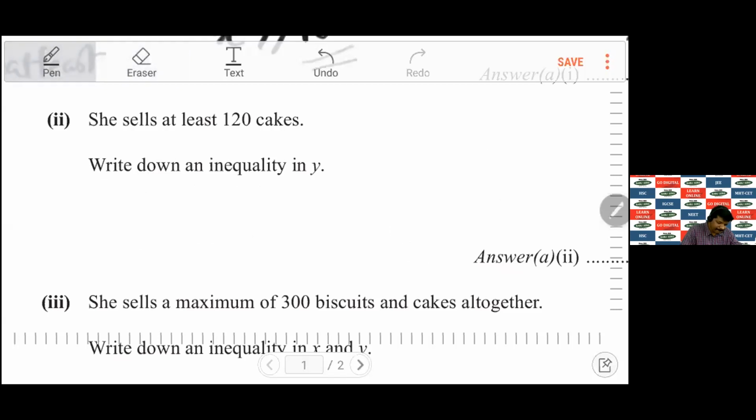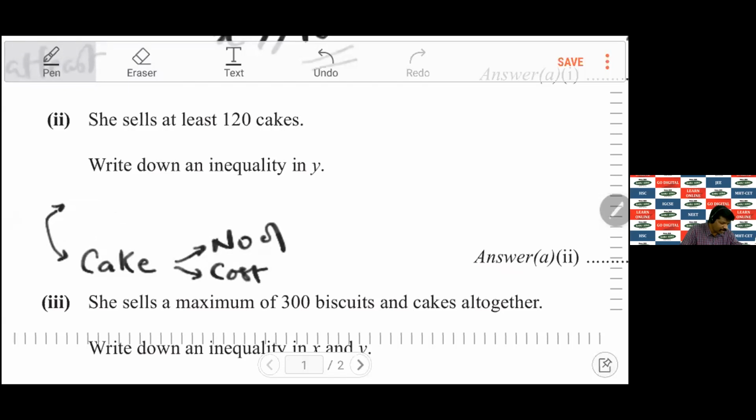The number of cakes and cost. See, cake will have two things: the number of cakes and the cost of cakes. What is the second one? The second one was just solved by the previous people.